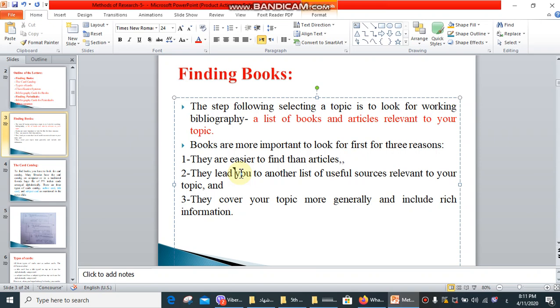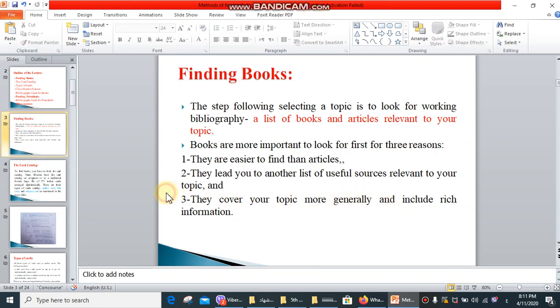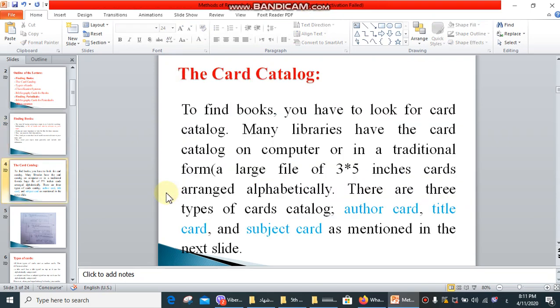By going to this bibliography page, you can find other useful books for your research paper. Number three, they cover your topic more generally and include rich information. Okay, so it includes rich information because books are usually more lengthy than other sources of material such as articles.